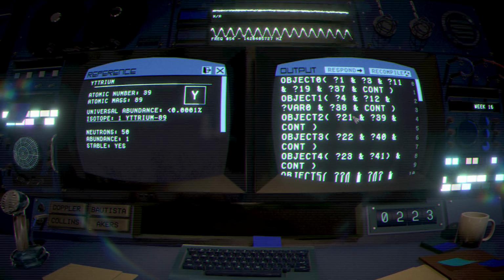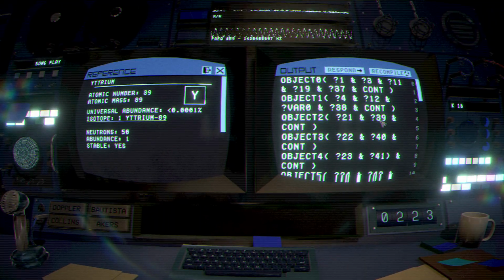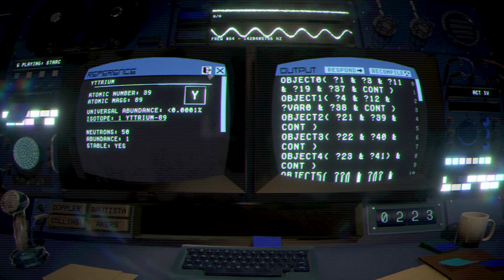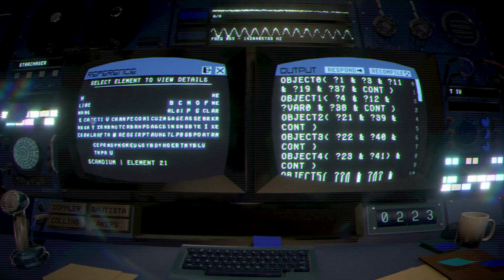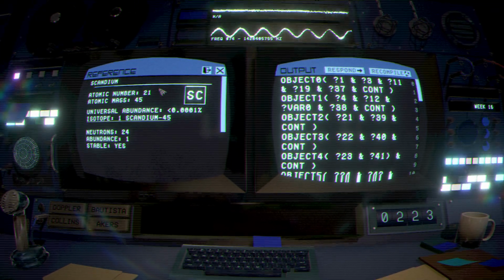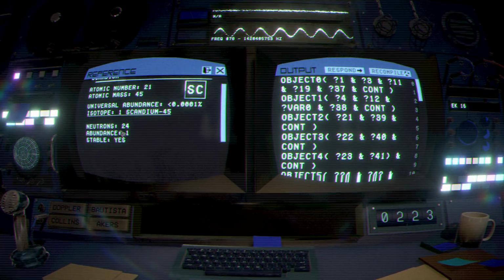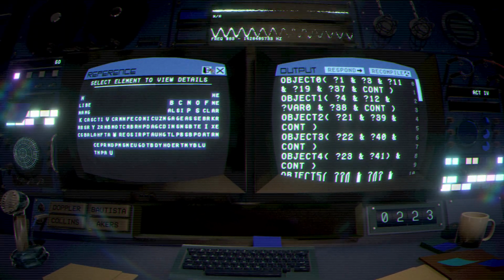Atomic number 39. 21 anywhere on here. The other way. 21. Scandium. Is there 39 anywhere here? No.